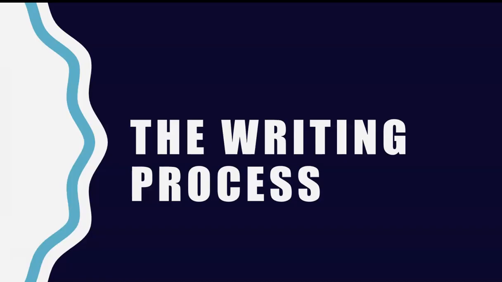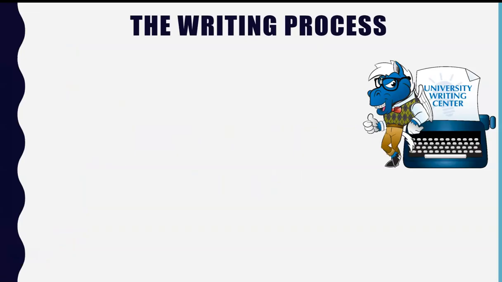I'm going to talk about the writing process, and I do understand that many of you are towards the end of your undergraduate career here at MTSU, but I personally think it's always a great time to revisit the writing process and to really develop a firm understanding of how it's a recursive process. Good writing is a recursive process.